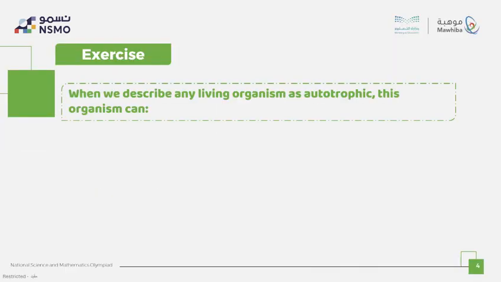The question asks, when we describe any living organism as autotrophic, these organisms can... Let's first analyze this question. The question measures your understanding of one of the key concepts in energy flow. What is it?